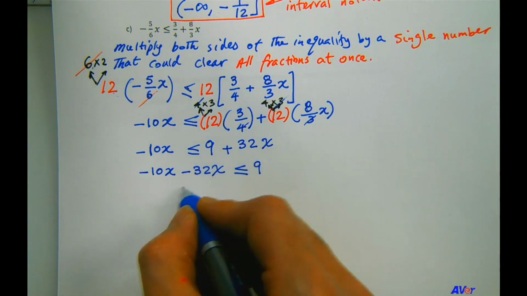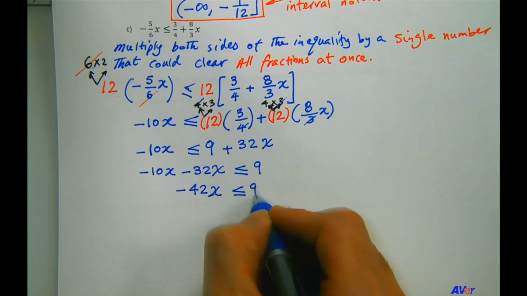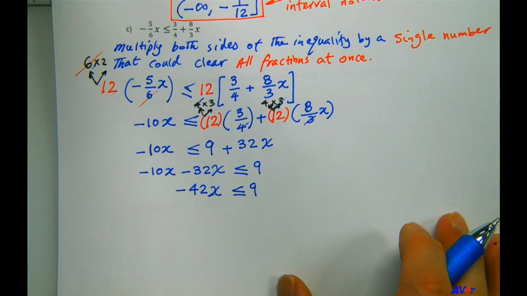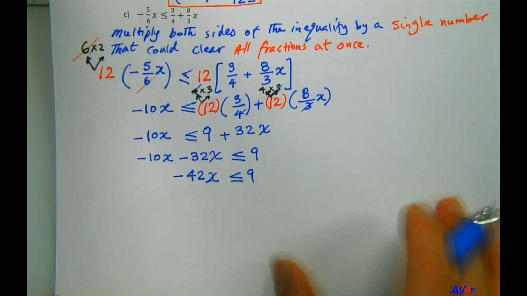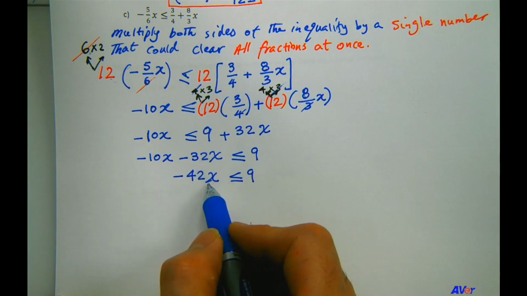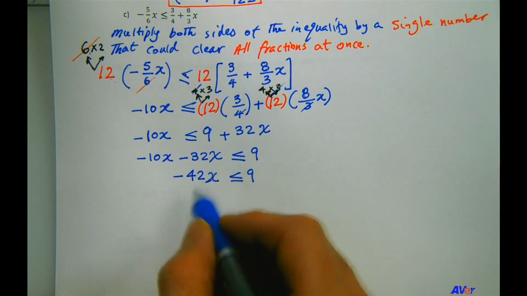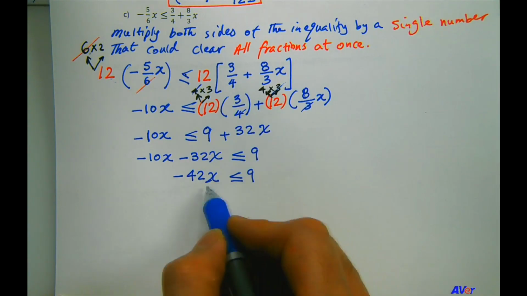Okay, so we have negative 42x here, less than or equal to 9. And then we're solving for x, which means we need to isolate x. x is not isolated as long as it's got this minus 42 next to it. So let's divide both sides by minus 42 to isolate x.